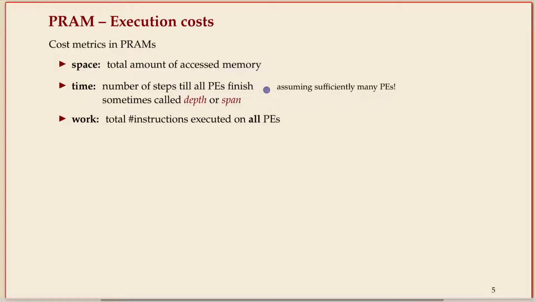The makespan in other terminology. So this is the real wall clock time you have to wait if you start the computer and wait till all the processing elements are done. It's often also called not time, because that's a bit ambiguous, but depth or span. Pick the term you like best.